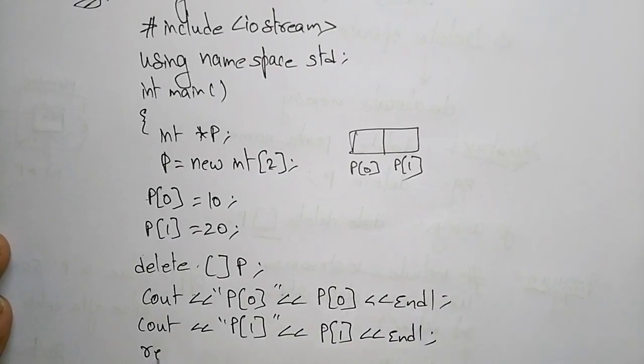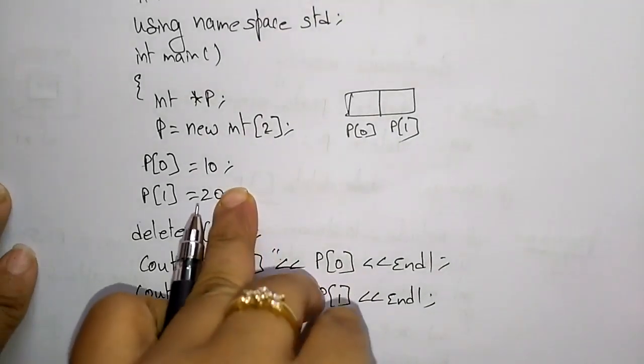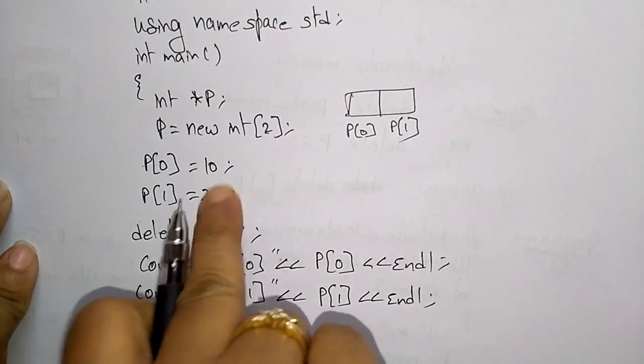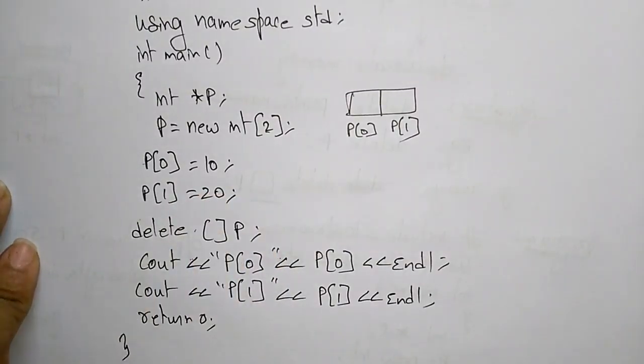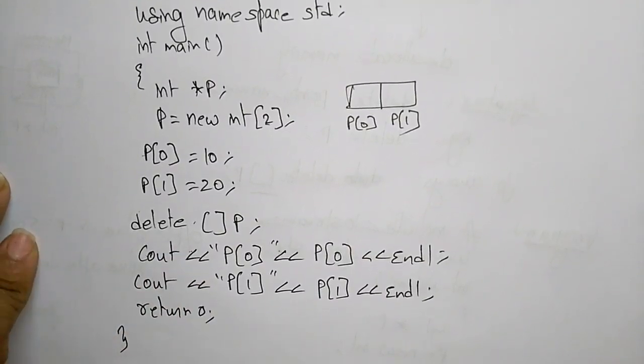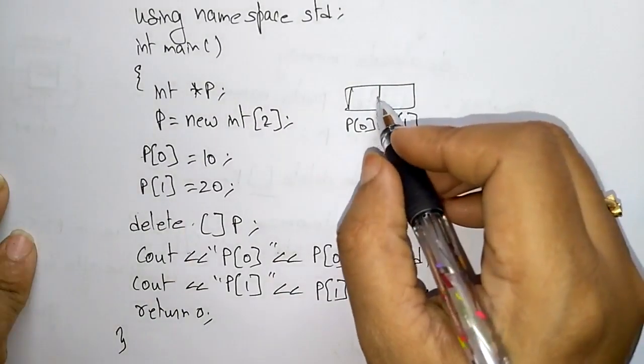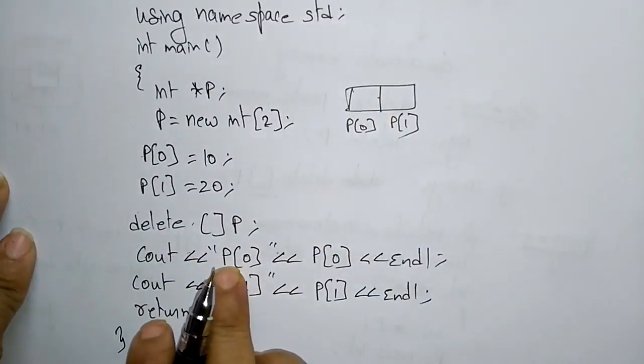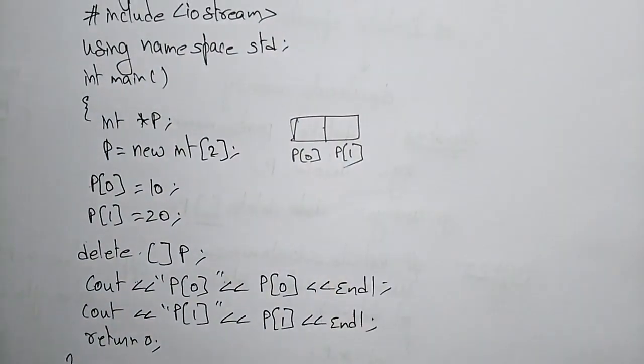Now return. So what will be the output now? Before this, I entered some values but didn't print them. I allocated the memory and just used the delete operator.